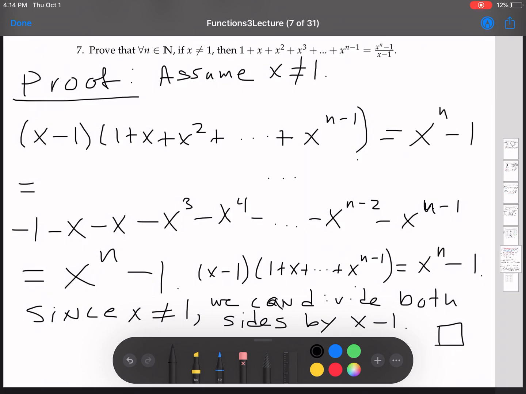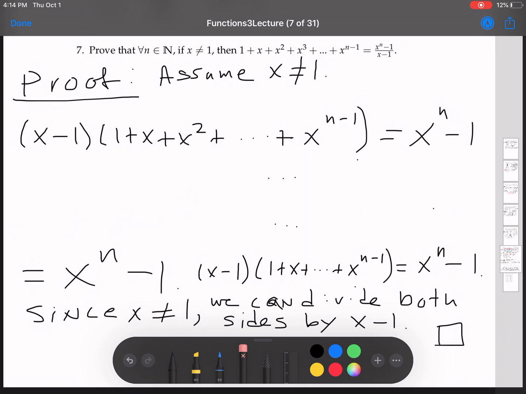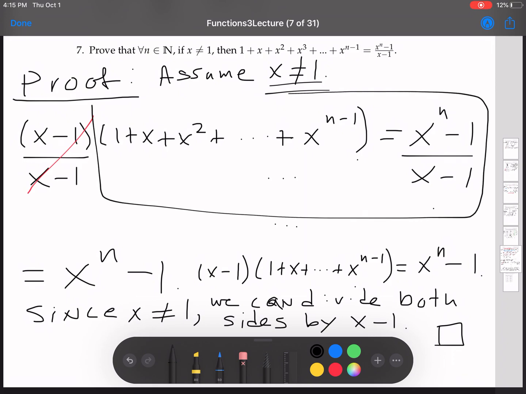Through all those computations, that's what we found. Since x is not equal to 1, we can divide both sides by x minus 1, and then those will cancel, and we get exactly what we wanted, which was the formula. So that's how the formula is proved. It's really just the distributive property and dividing both sides by x minus 1.